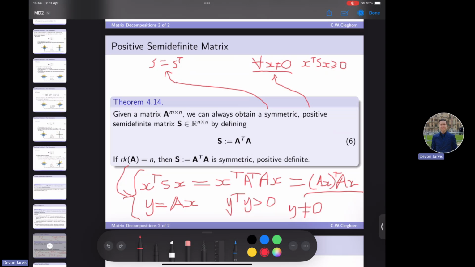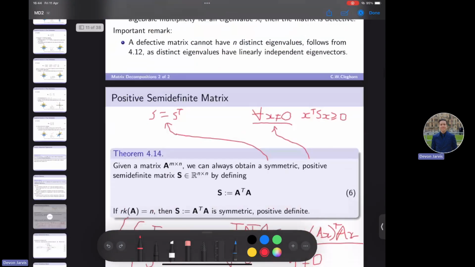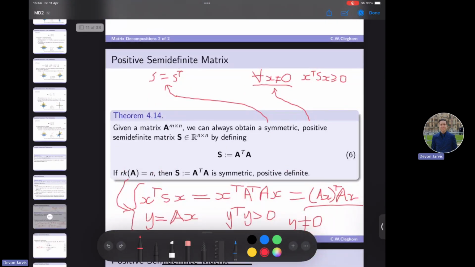In the original definition it's semi-definite, but in this case it's positive definite. So we'll look at why now, and I reminded you what these definitions are. Symmetric means that it's equal to its own transpose. Positive definite means that for any non-zero x, if I use S as a metric, it'll give me a positive number.